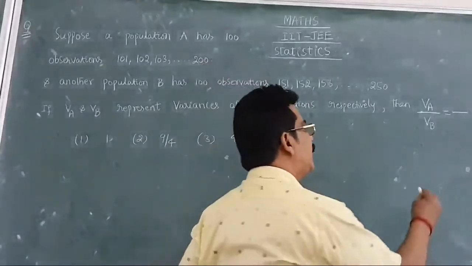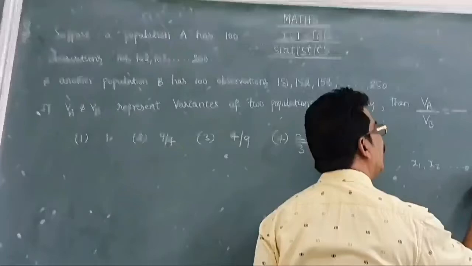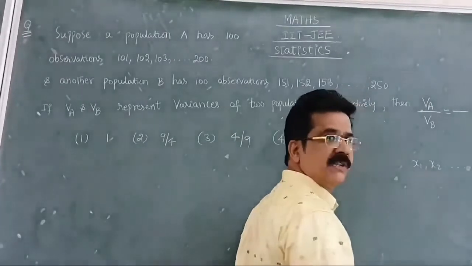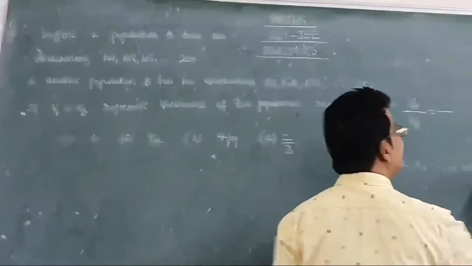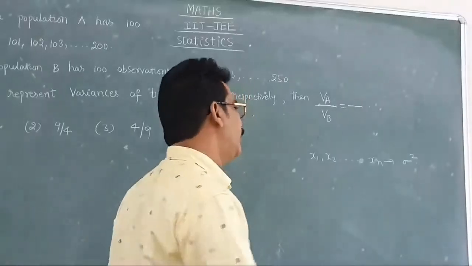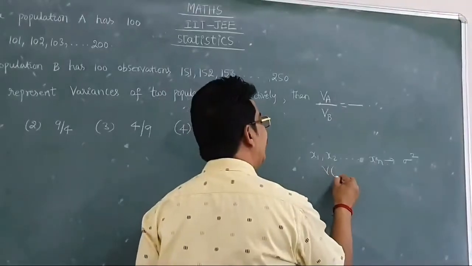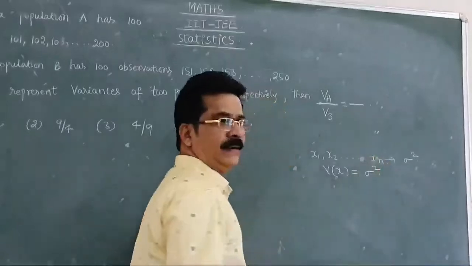For example, x1, x2 and so on, xn, n observations are there. Its variance, for example, is sigma square. So we can say simply variance of x is equal to sigma square.